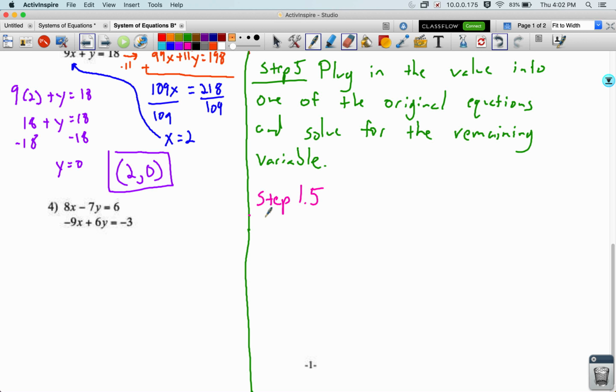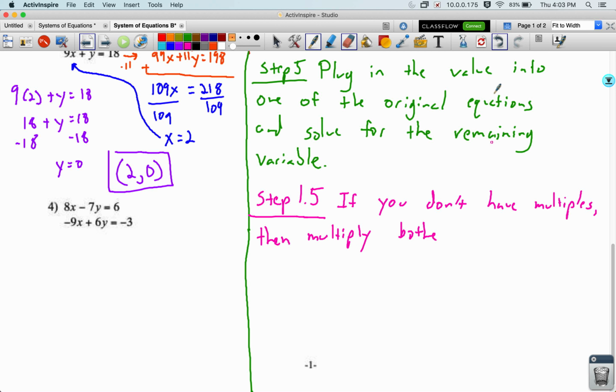And we'll fit it in. So, if you don't have multiples, then multiply both equations to form a 0 pair with the least common multiple, LCM.